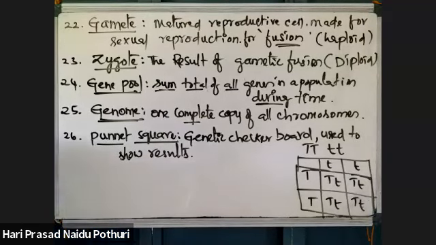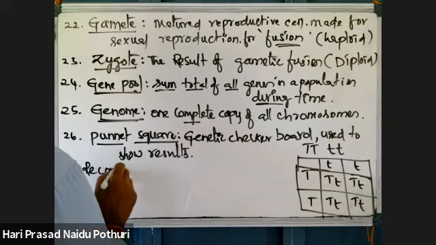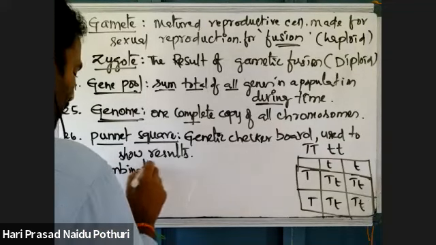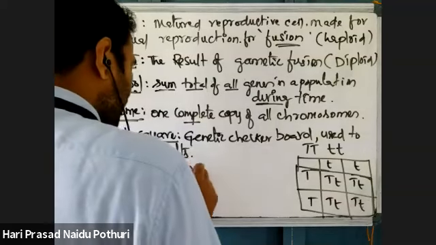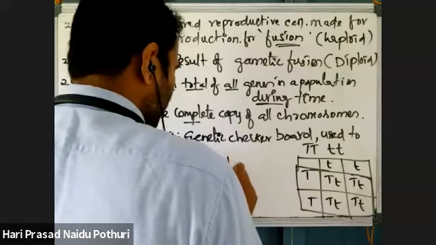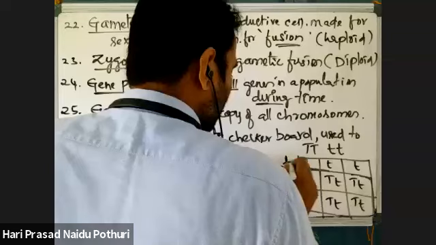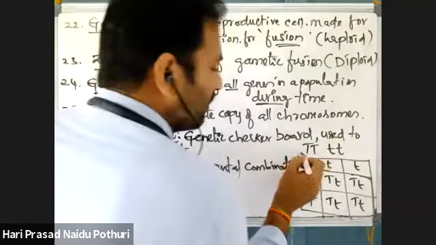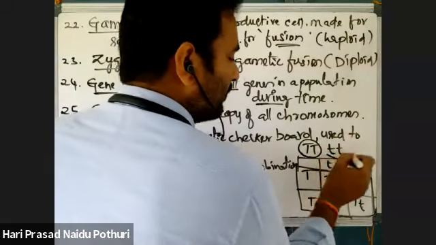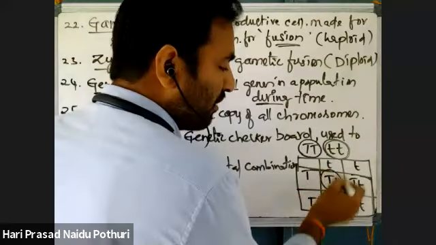Okay. Then next point, recombination. Recombination: non-parental combinations of genes. Non-parental combination is called as recombination. See here, this is capital T, this is small t, but here capital T small t is formed.